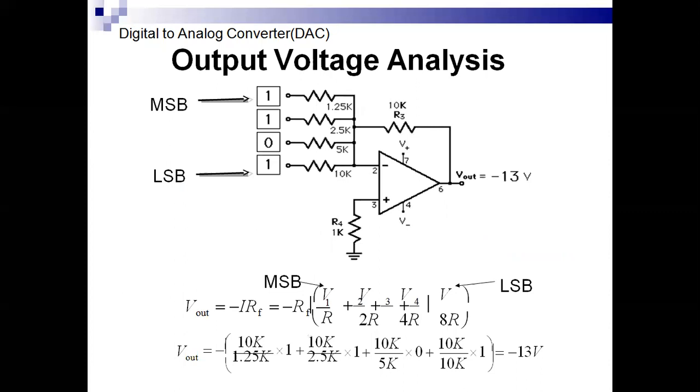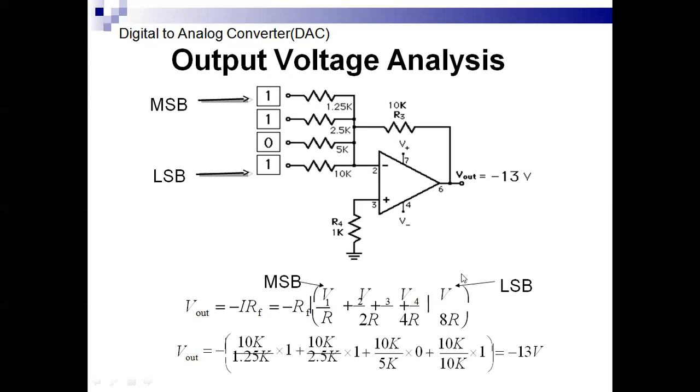Now output voltage analysis. Example, input equal to 1101. It is LSB and it is MSB. So here the resistors contain 10K value, here 5K value, here 2.5K and 1.25K. Here 10K R3 is available, and R4 is called 1K ground. Now it is your LSB and it is your MSB, according to V equal to IR for output.